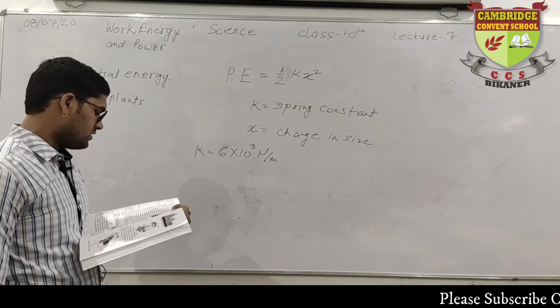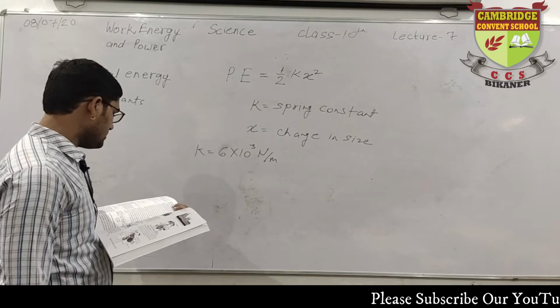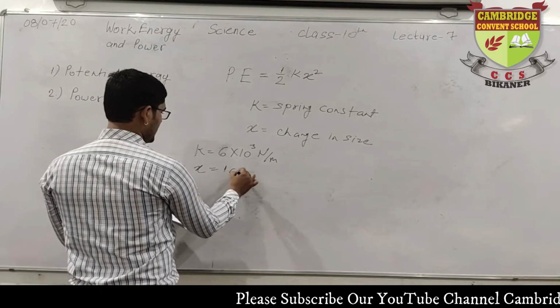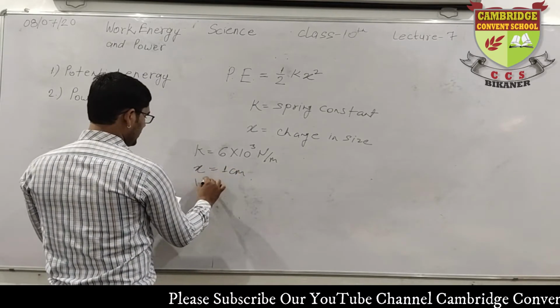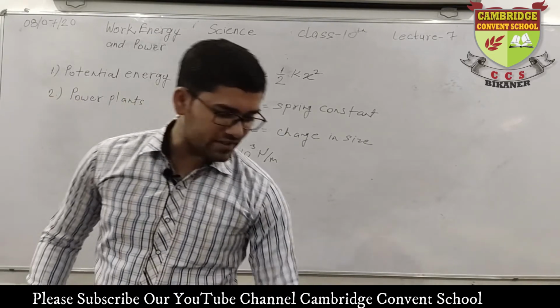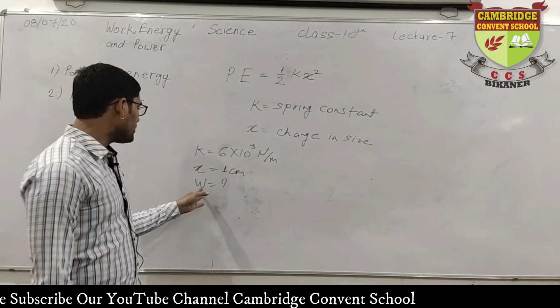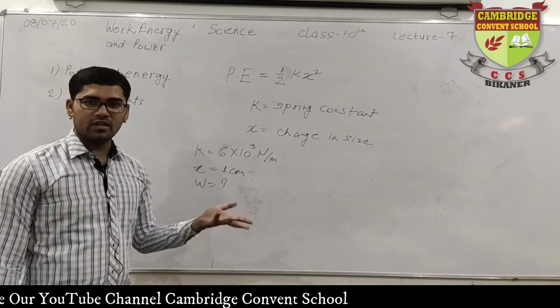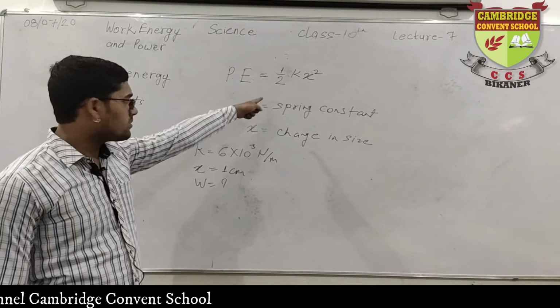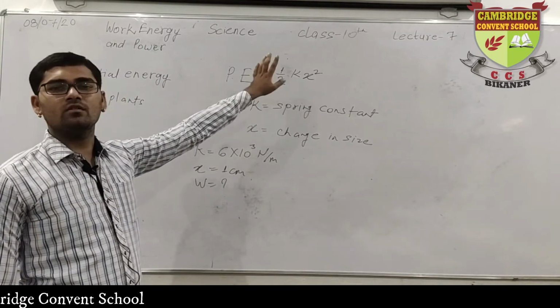Calculate the work done to stretch the spring by 1 centimeter. X is 1 centimeter. We have to calculate work, and I already told you in the previous lecture that work is always convertible into energy. So we will calculate the energy from this formula and that will be the work as well.